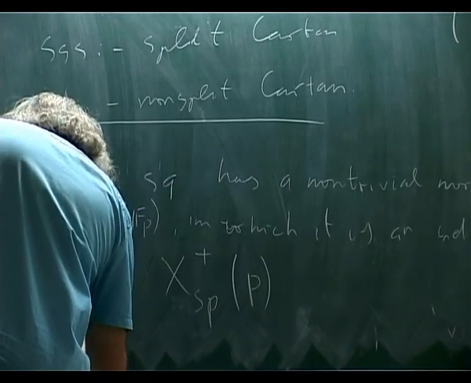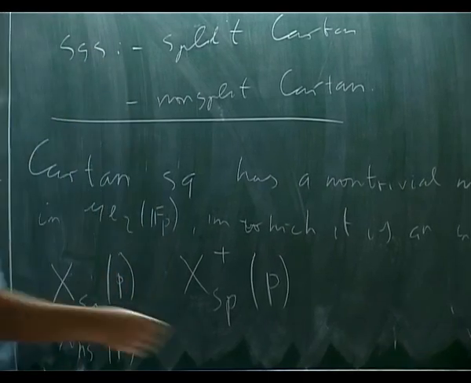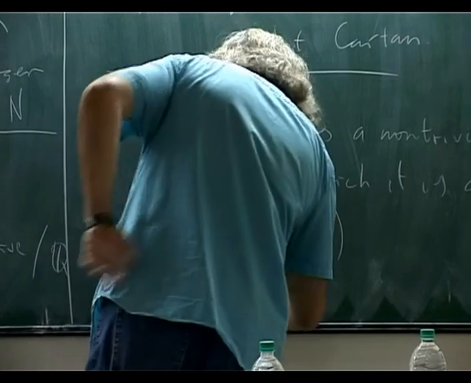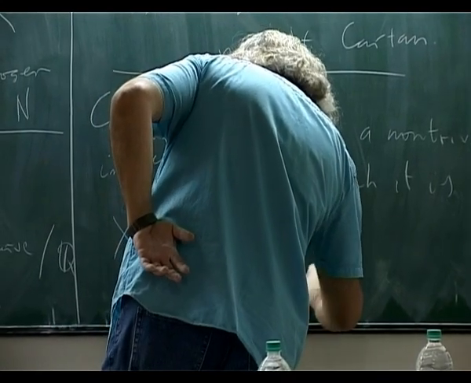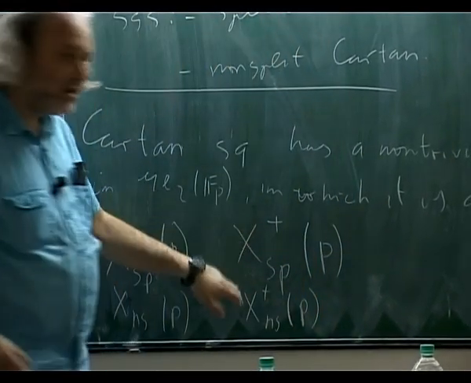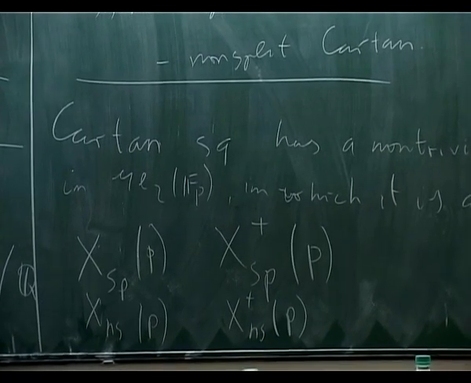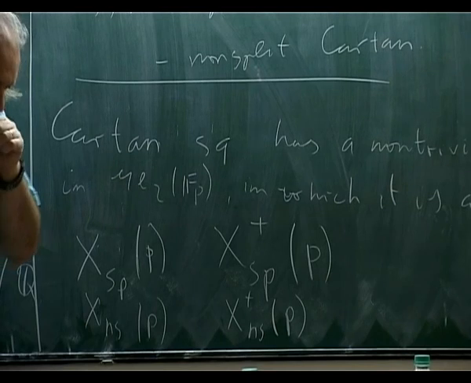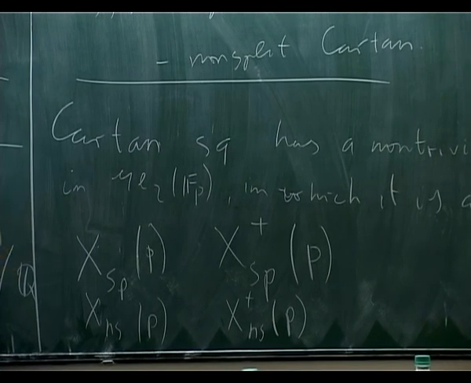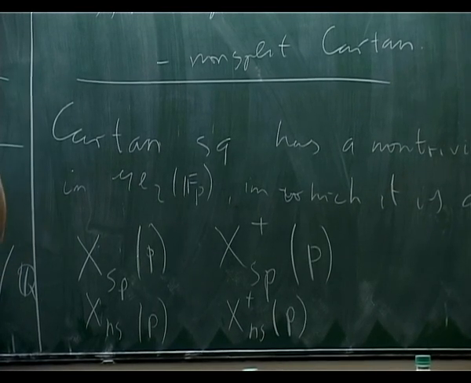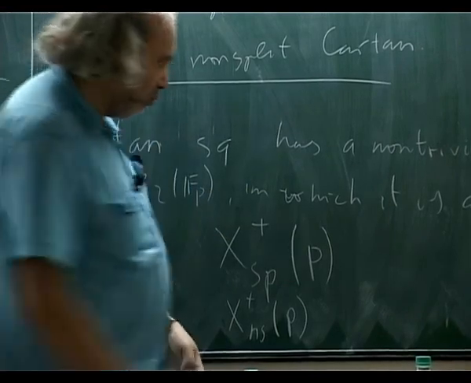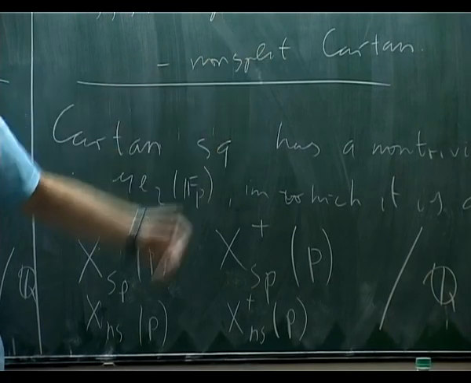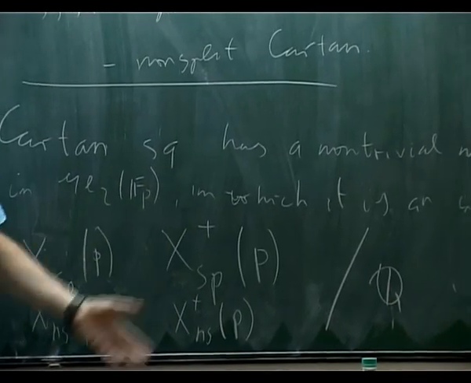X_ns of P corresponds to the non-split Cartan subgroup, and X_ns plus of P corresponds to the normalizer of the non-split Cartan subgroup. And again, all these are defined over Q, and one can speak about rational points.